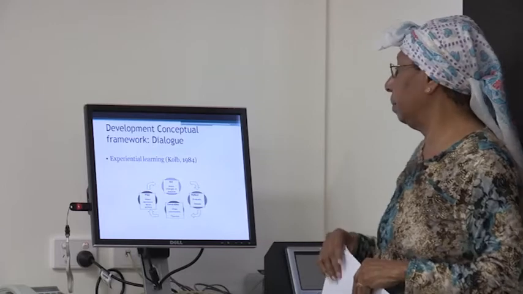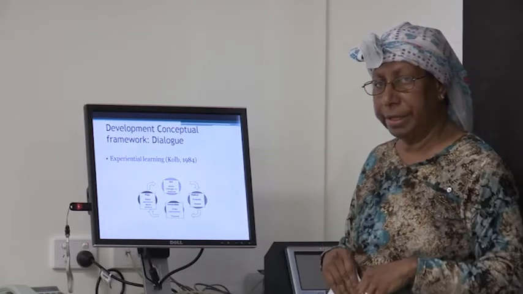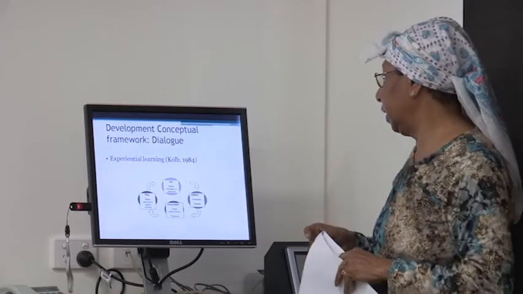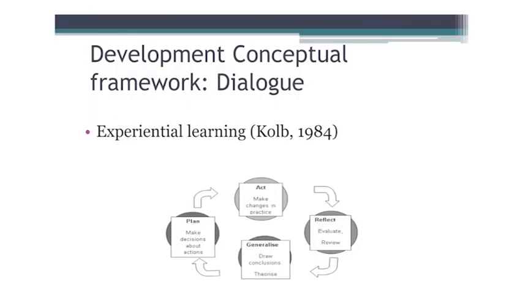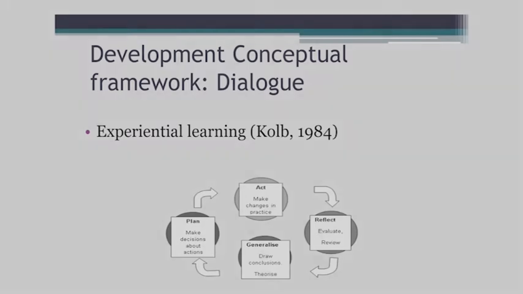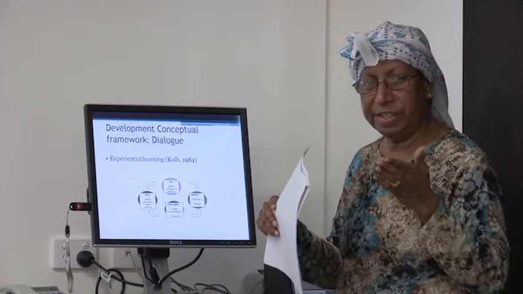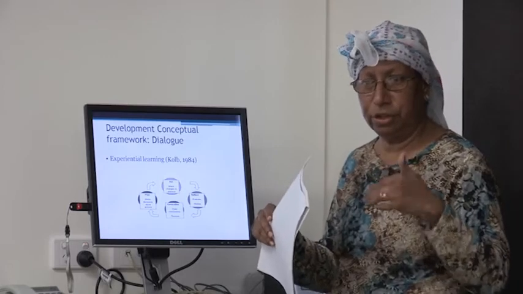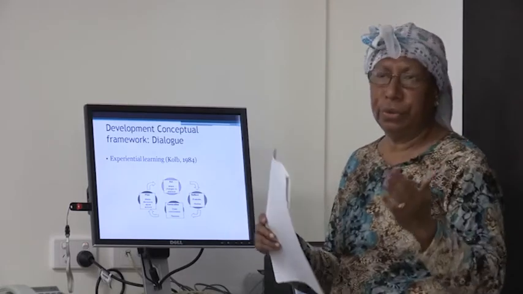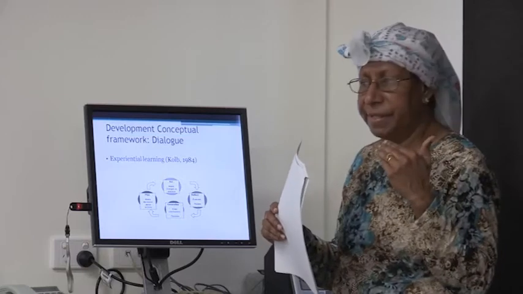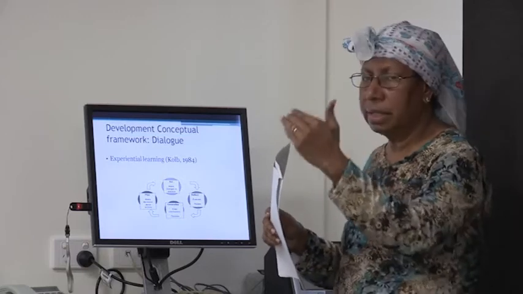And I'm drawing from adult learning, which is especially experiential learning, where people plan together, you do a lot of things together, but you take time out to reflect so that you can see what works, what didn't work. And you're working with the people in the community. You're not doing it for them, you're involving them. But participatory in this case is voluntary.